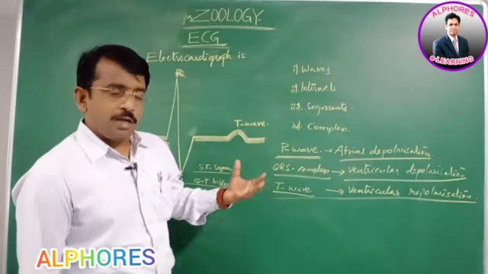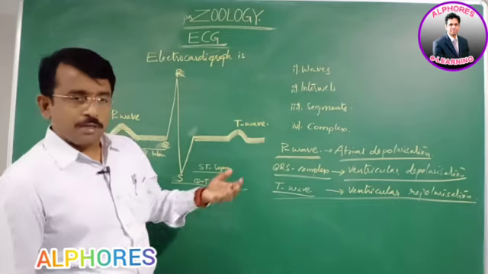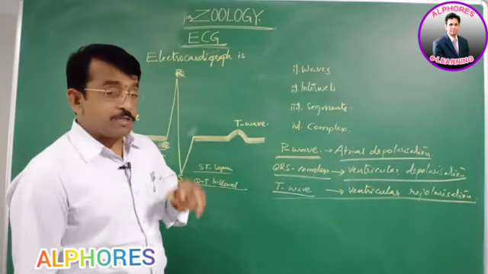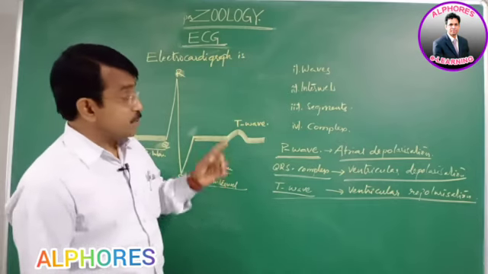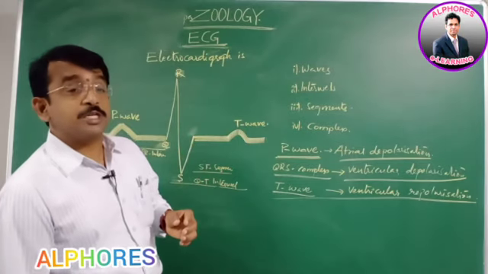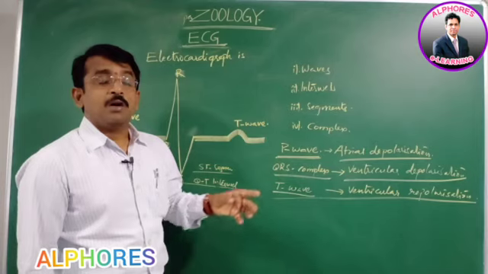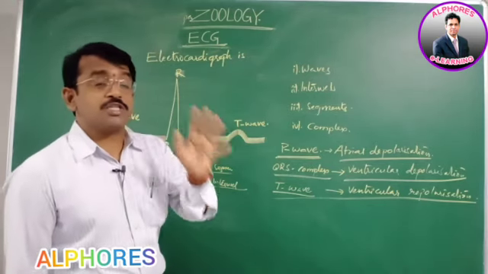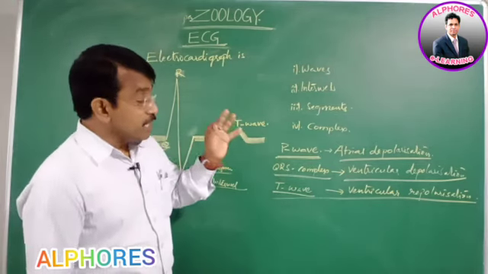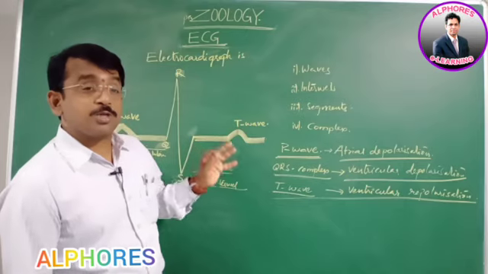Calculate the number of beats per minute. That was one question. And the second question also came from the ECG: P wave, QRS complex, T wave, asked in match the following. So be careful. Each and every corner you have to concentrate.